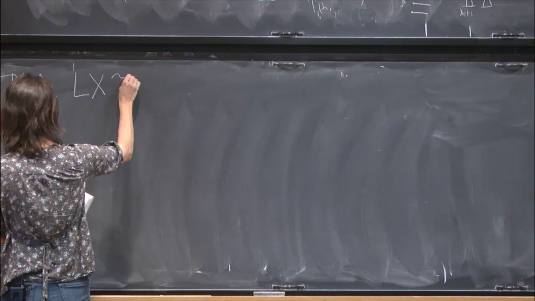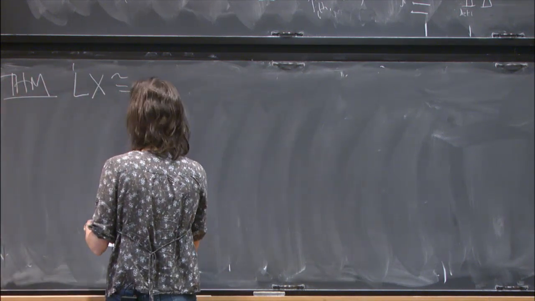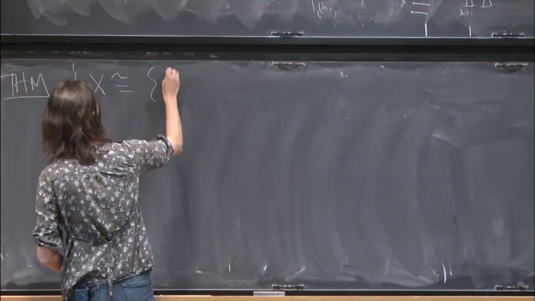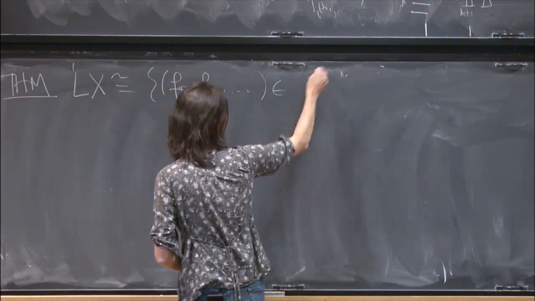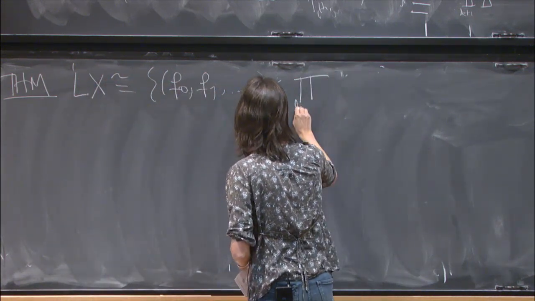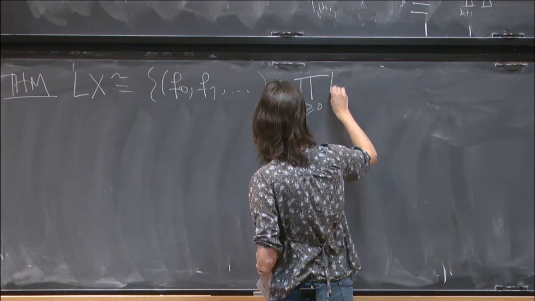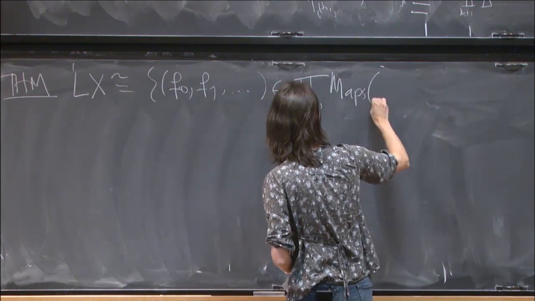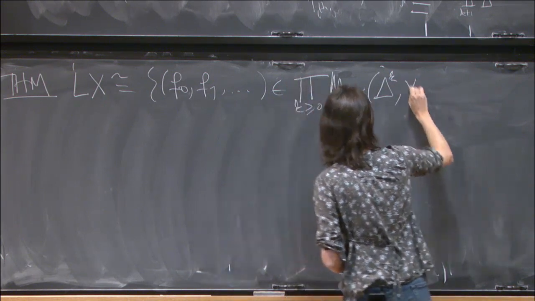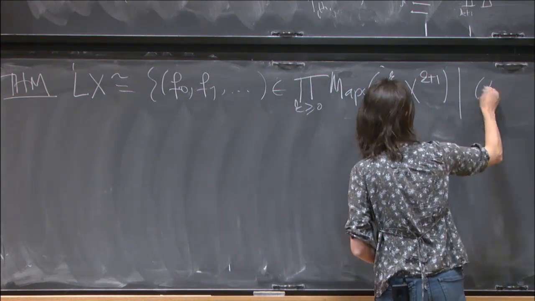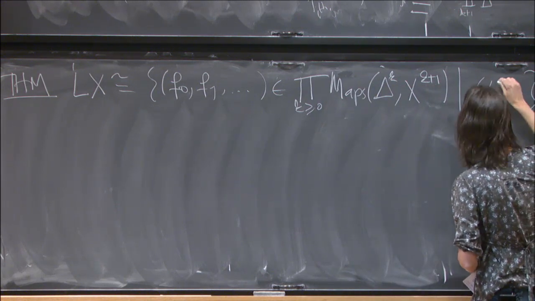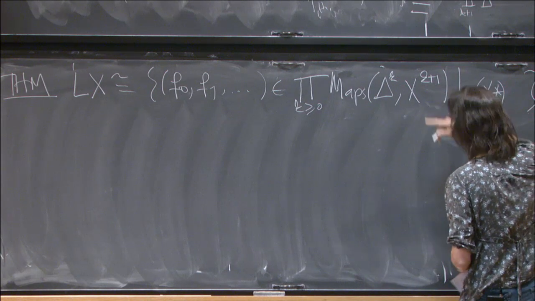So the claim is that LX is the set of f0, f1, and so on, in this product over k greater or equal to 0 of maps from delta k to X to the k plus 1, such that star. Not this one, this is star.